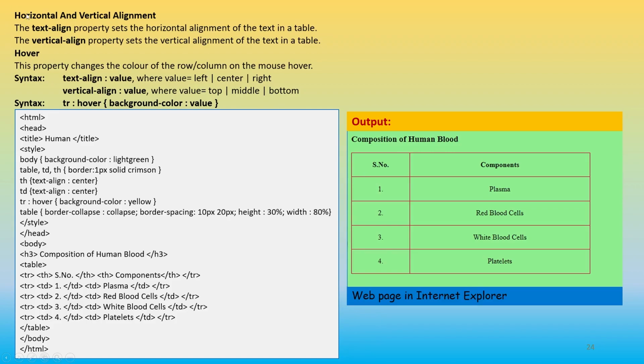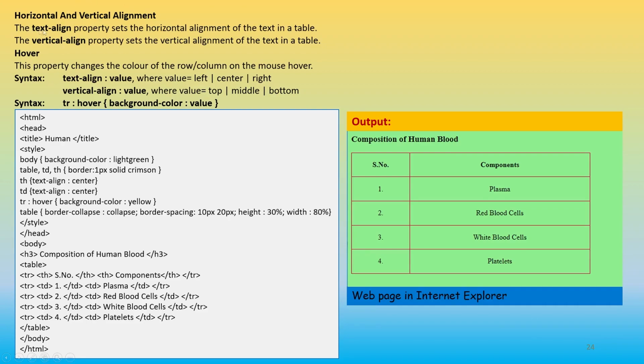So let's begin with the horizontal and vertical alignment explanations. The text alignment property sets the horizontal alignment of the text in a table. When we do not use the word horizontal or vertical with the data item and just write align, it automatically means that we are talking about horizontal alignment.